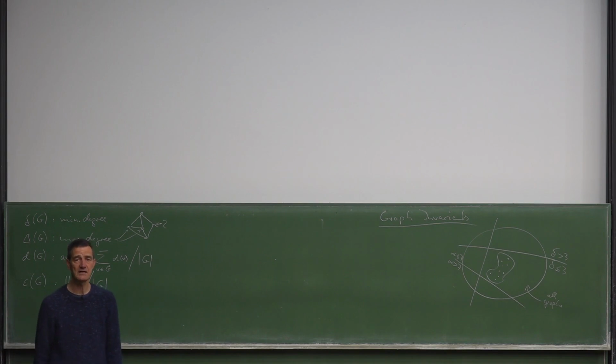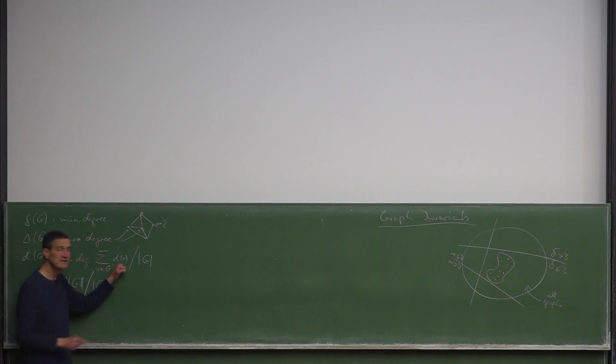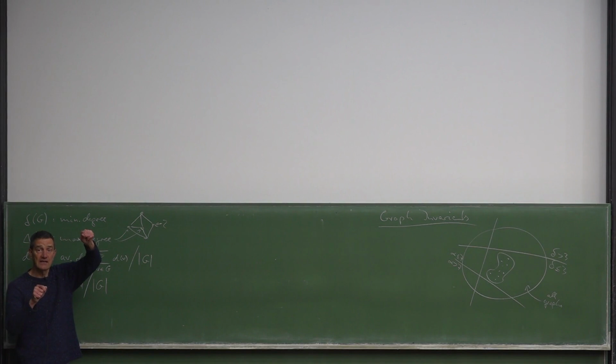Can anybody see how the two are related? Yeah? We count the edges twice if we look at the degrees. That's right. When we sum over all the degrees, every edge, which has two end vertices, gets counted twice. So that is twice that.